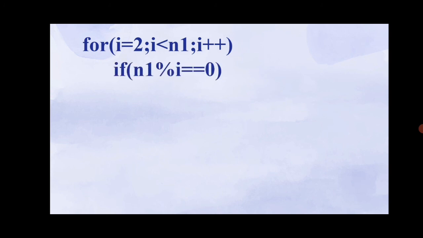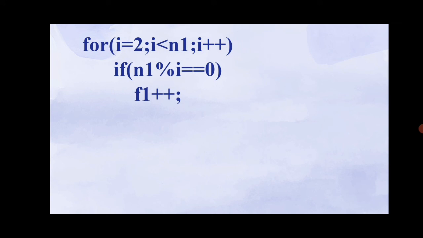If n1 mod i is equal to 0, f1 plus plus. Here I am counting the factors of the first number, excluding 1 and itself.